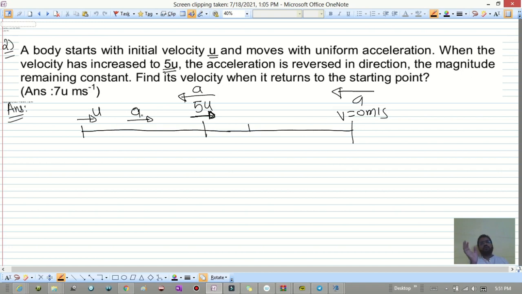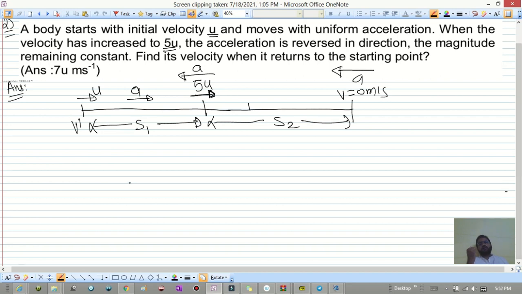So we want the final velocity when it returns to the starting point. Firstly we'll calculate S1, then S2, and once we know S1 and S2, we put them in the third kinematical equation and we'll get the velocity at the starting point.